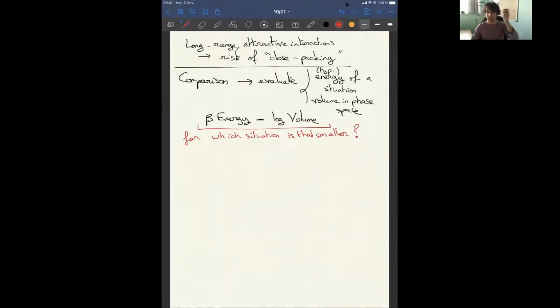The situation for which this is the smallest is the winning situation.